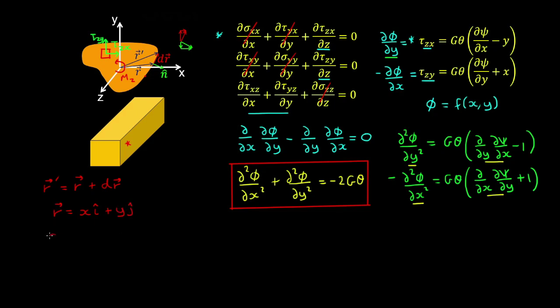So therefore differentiating r with respect to s along the boundary of the section, we get dx ds in the horizontal direction plus dy ds in the vertical direction.